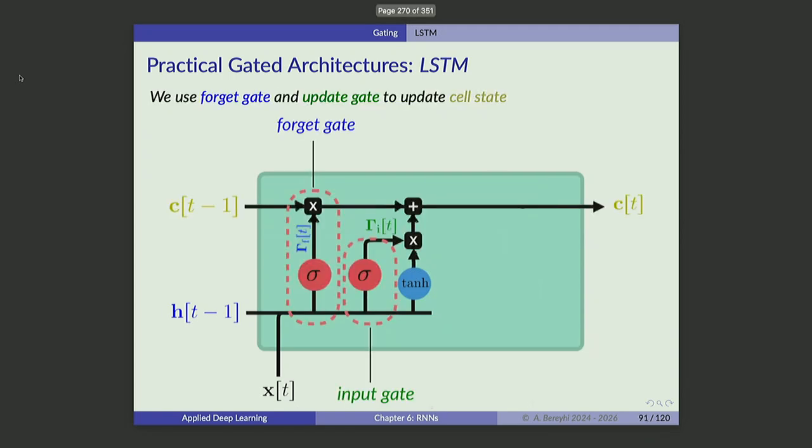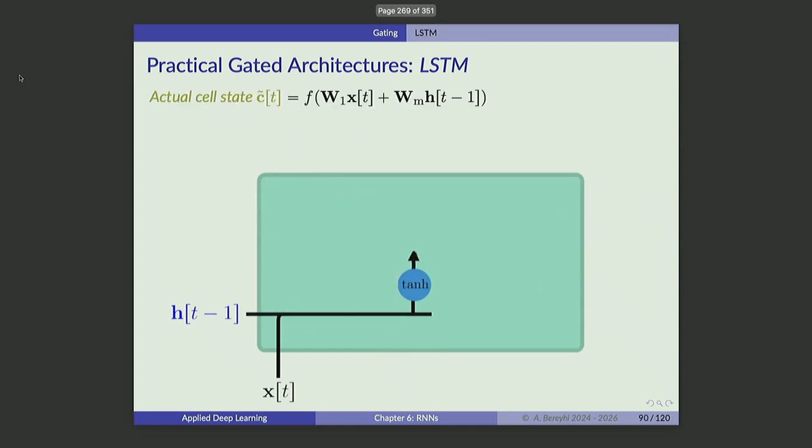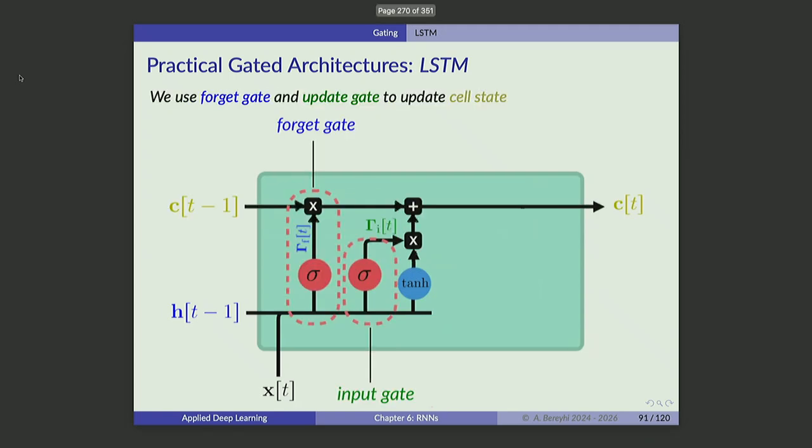Now that you have this guy, you are going to have your forget gate and input gate. They are going to participate in the computation of the new actual cell state, right? So the actual cell state is the gated version of the fresh information you computed here, right? So this one was basic RNN, but now you're gating it, right?